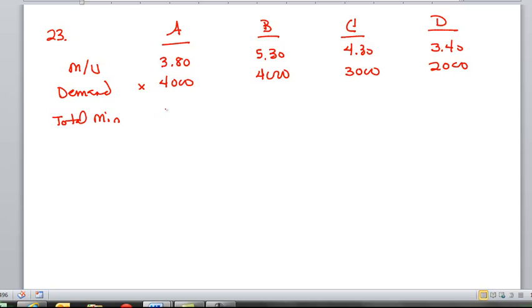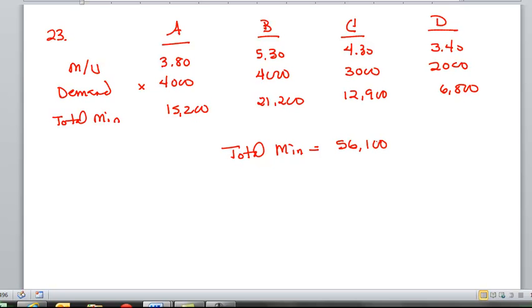So for A, we need 15,200. For B, 21,200. For C, 12,900. And for D, 6,800. Therefore, if you add them all up, total minutes equals 56,100.